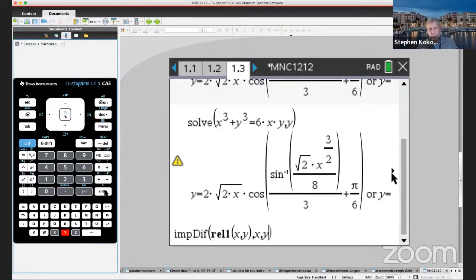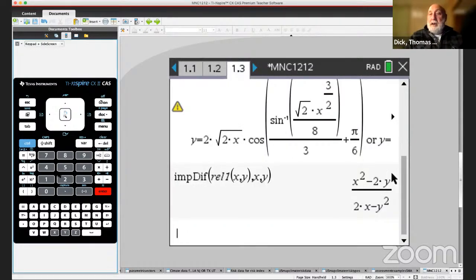Hopefully we'll get something here. Very nice. Now this one is not hard to do by hand with implicit differentiation. I don't think you actually did this one with an implicit derivative, Steve. So we'll leave it to people to jot this down, work it out by hand, and check if it comes out the same way.